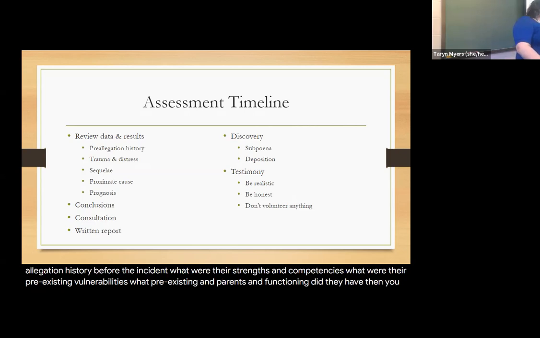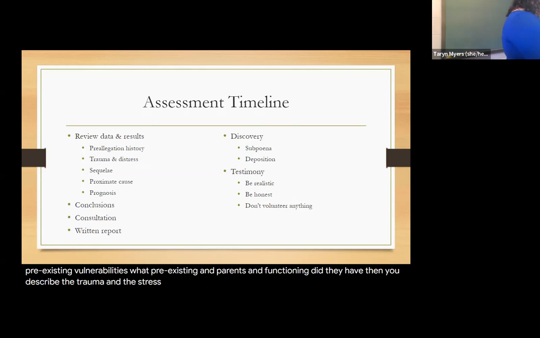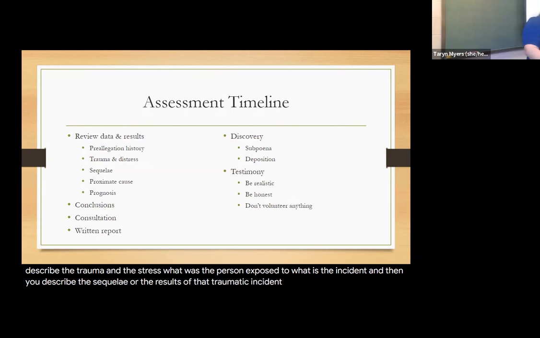Then you describe the trauma and distress. What was the person exposed to? What is the incident? And then you describe the sequelae, or the results of the traumatic incident. So substantial impairments in functioning that the plaintiff suffered, and ways in which the plaintiff was resilient.